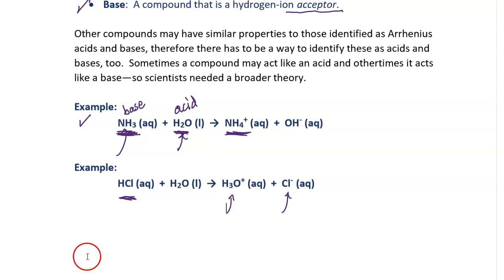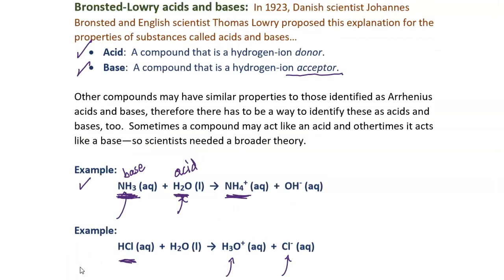According to the definitions above, an acid is a compound that is a hydrogen ion donor. So does HCl donate a hydrogen ion to the other substance, which in this case is H2O, creating something that has one more hydrogen in it than H2O? Well, yes, it does.